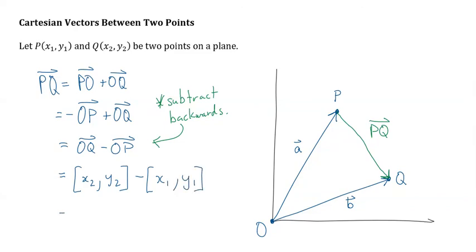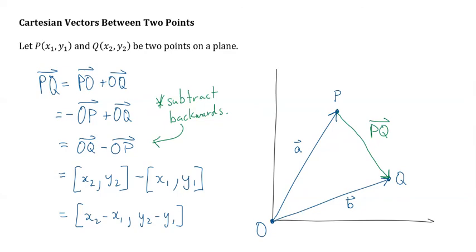Are we okay with this? If you want to come back and think about it, you can. Oh, I was going to do this. So just to highlight that we went that way, and then we went this way to get from P to Q.